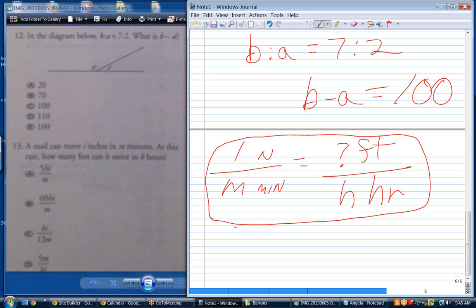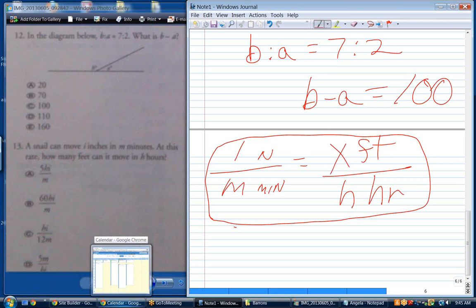However, to convert this problem, in other words, we've set it up as a proper proportion. We're trying to solve for x. This is in inches, I inches. So we need to convert the feet to inches, and we need to convert the hours to minutes.